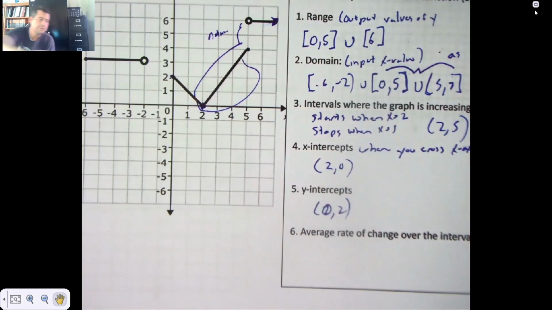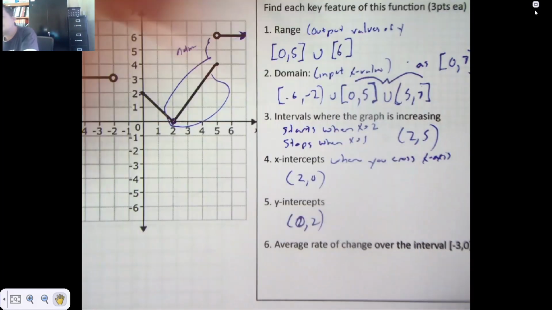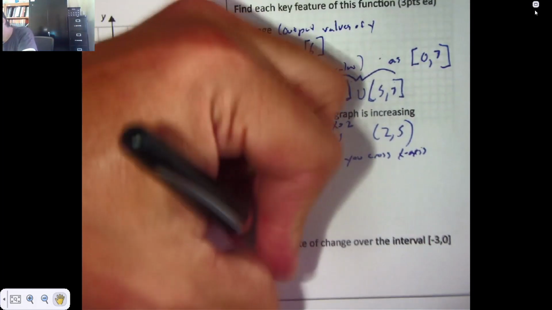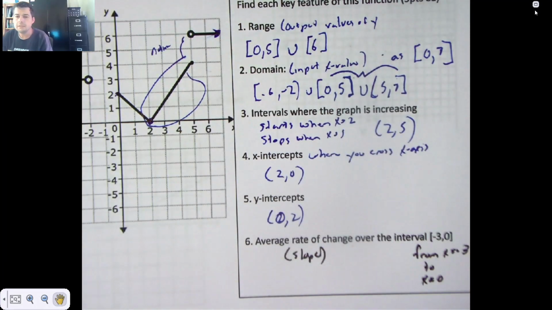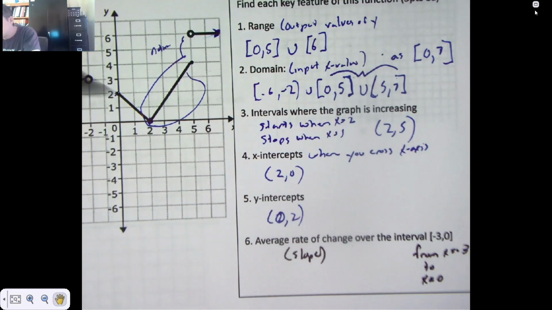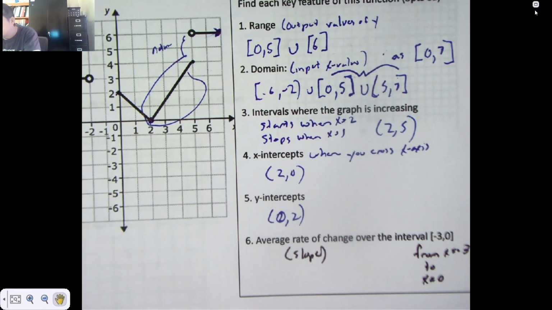Average rate of change, which is slope. And you've been doing slope since you were in 7th grade. Average rate of change, slope, from -3 to 0. And that's from x equals -3 to x equals 0. You didn't have to have a formula. You just had to literally go, okay, x is 0 here. Sorry, I had to go to -3, put a point. All right.